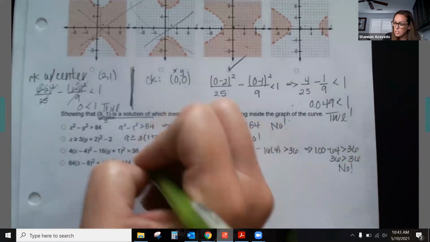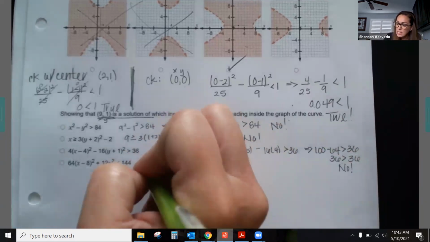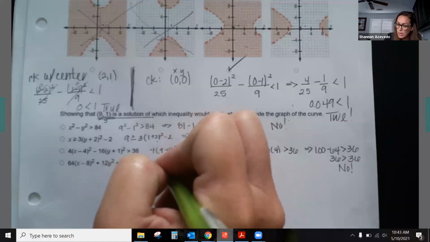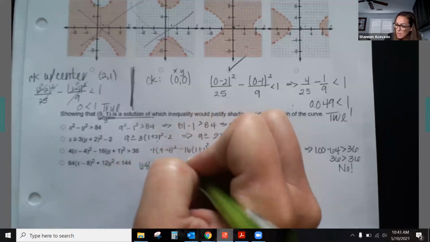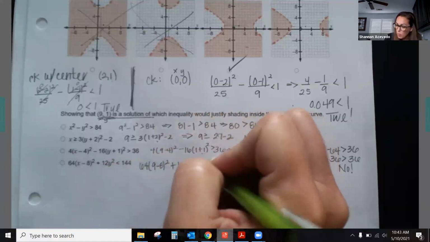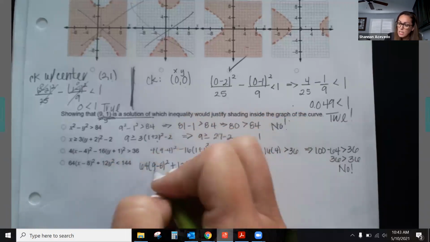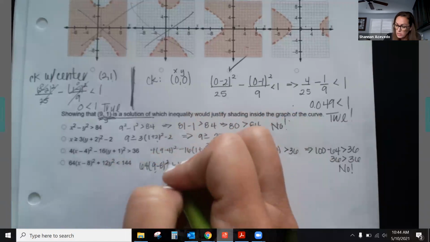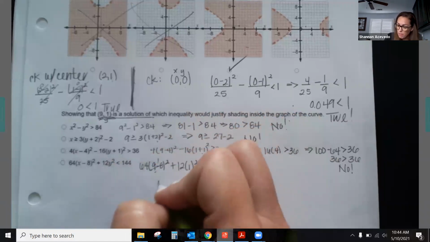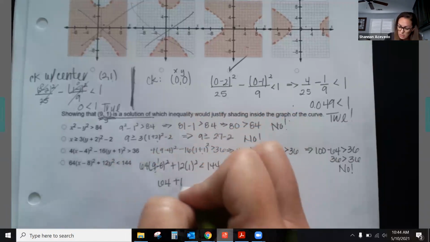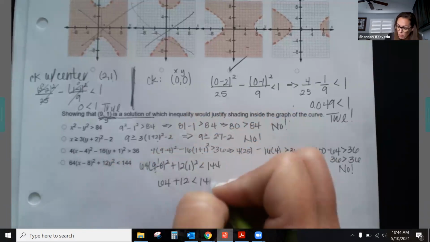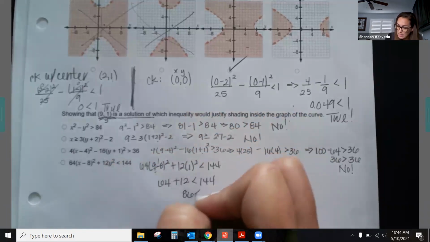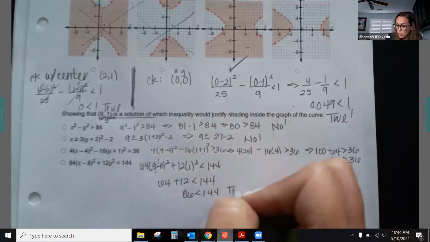Let's go ahead and check it out. So this is going to be 9 minus 8 squared plus 12 times 1 squared is less than 144. So 9 minus 8 is 1. 1 squared is going to be 64. So I have 64 plus 12 is less than 144. 86 is less than 144, which is true.